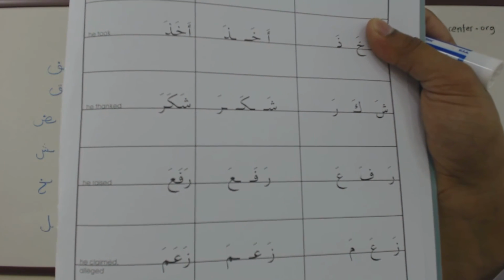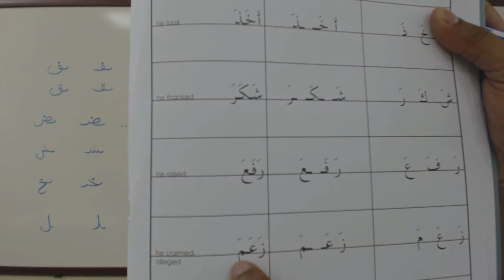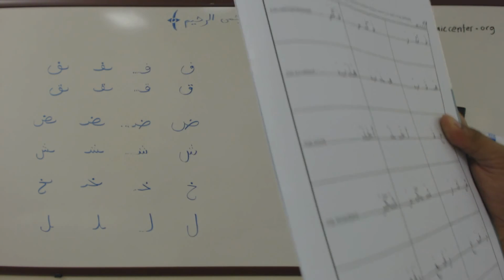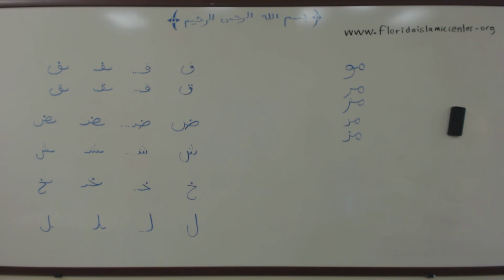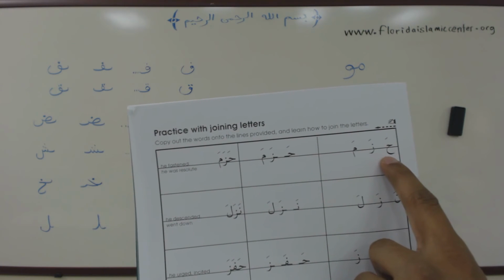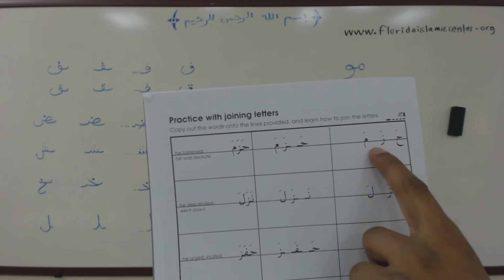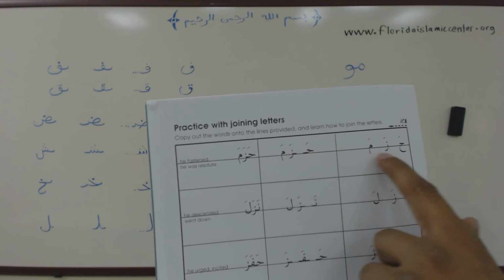Za'ama. Try to pronounce the ayn. Za'ama means to claim, to make a claim. Next. Hazama. Make sure it's the airy ha.